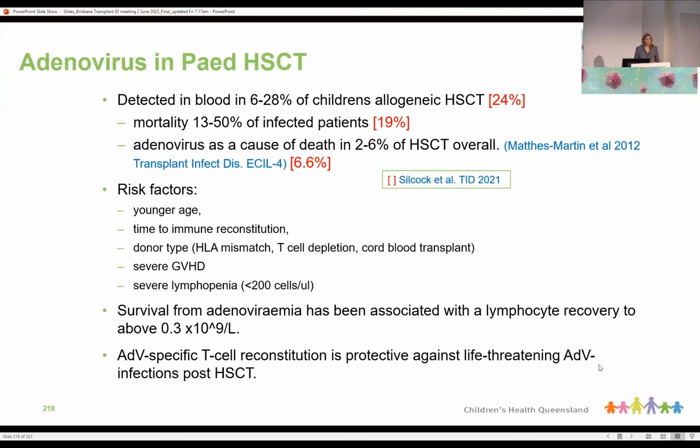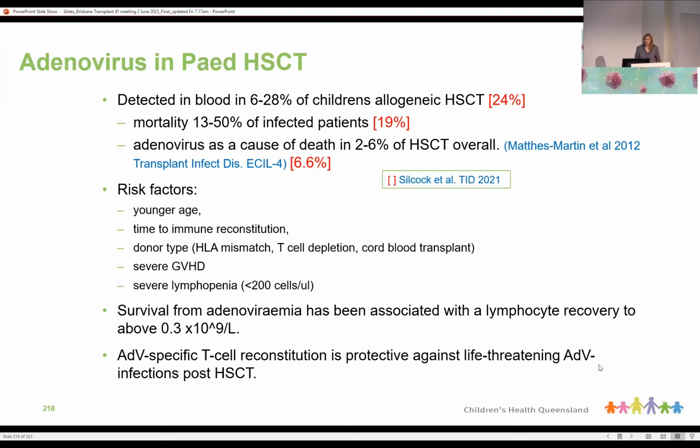But adenovirus as the cause of death is obviously much lower, and generally has been estimated at about 2 to 6%, and our mortality indeed was about 6%. Risk factors for adenovirus are very similar to risk factors for most viral infections.